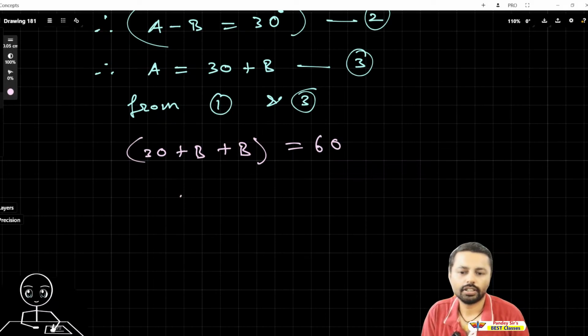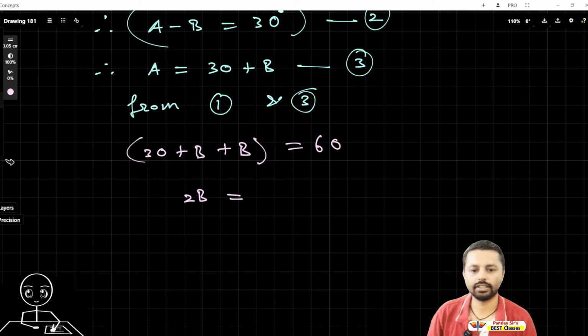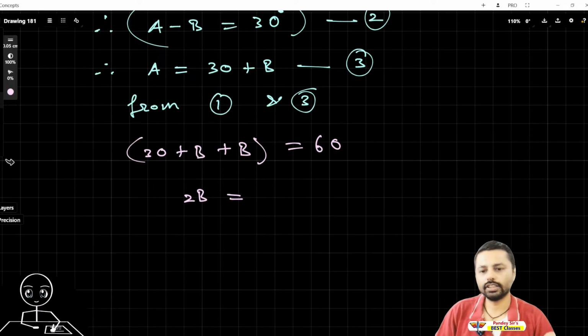So B plus B, that is 2B, equal to, this 30 will go that side, and we get 60 minus 30.